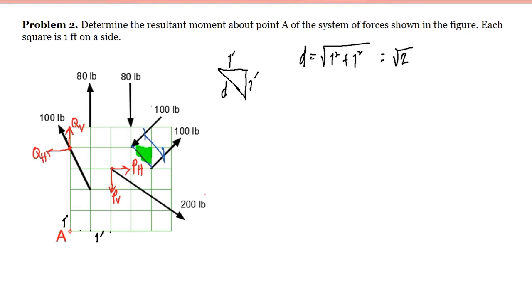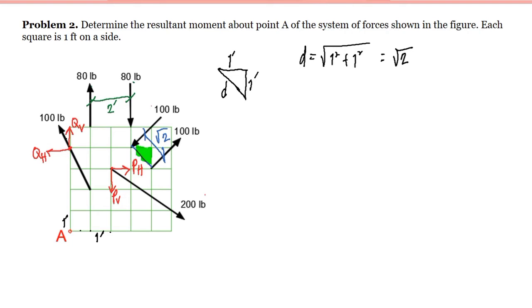So meaning, this distance here is square root of 2. And this 80 pounds here, since they are parallel to each other but opposite in direction, magki-create din ng couple ito. And this would have the distance of 2 feet.